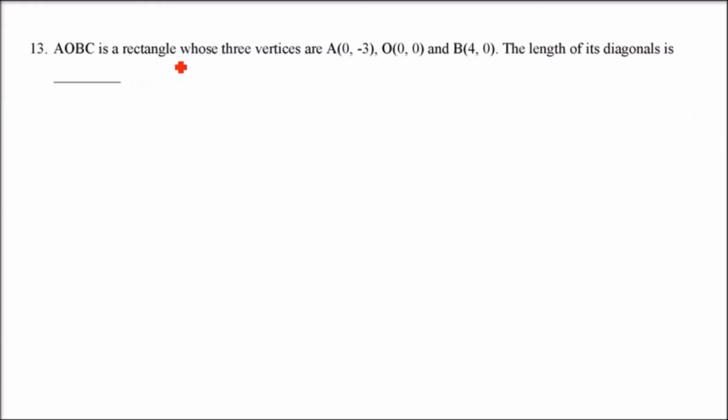AOBC is a rectangle whose 3 vertices, these 3 coordinates, are given. We have to find the length of its diagonal. Because these points are very clear, we can easily locate them on the Cartesian plane. It's obvious that if we find the 4th point, we can easily find the length of the diagonal.